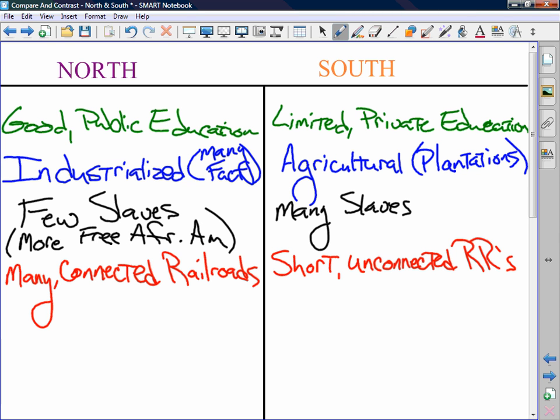The fact that in the north, they used a lot of canals, artificial waterways, but in the south, they relied mostly on natural waterways. So we could say, here we have many canals for water transport.